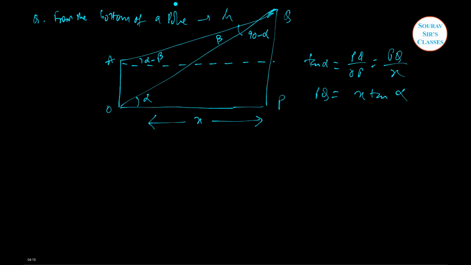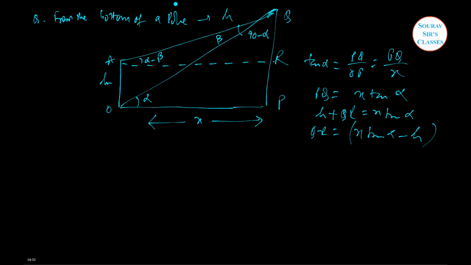Okay, so H plus QR. So H equals H plus QR. This one is H. So H plus QR. This is R. H plus QR equals x tan alpha. So similarly, you can find QR. It is x tan alpha minus H. So in triangle APQ, that is APQ.